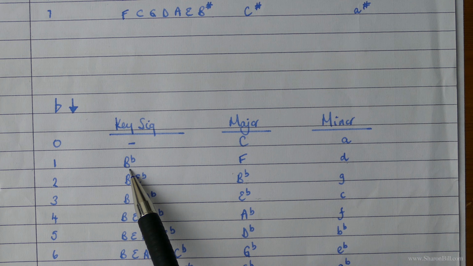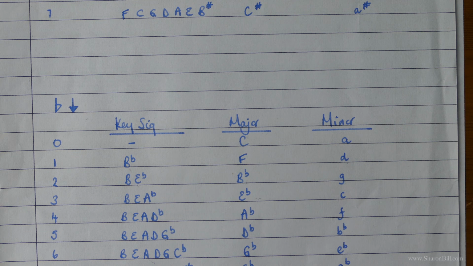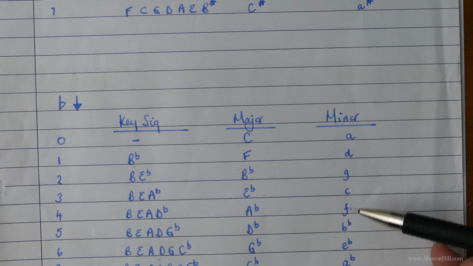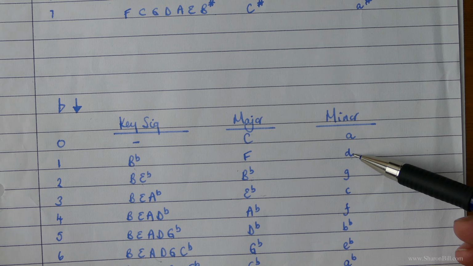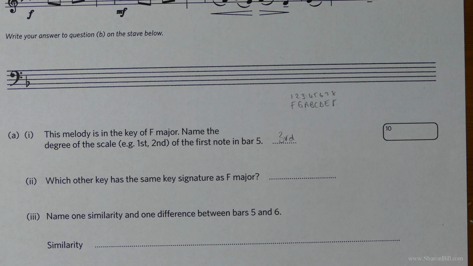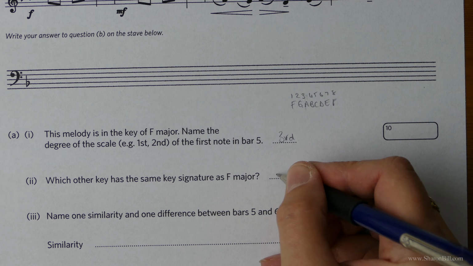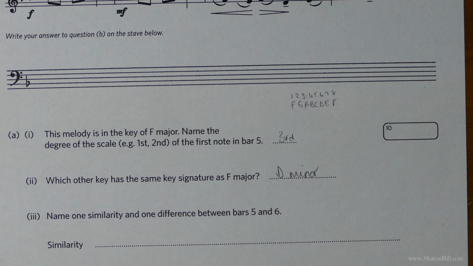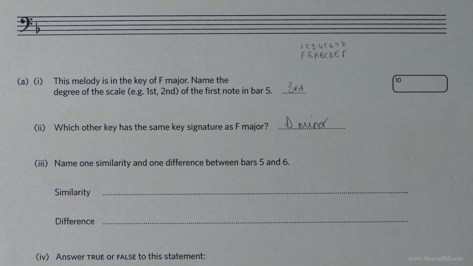You'll find the link to that in the description below and also in the cards. You'll soon get used to writing these out super quick before you start your exam paper, and then all your information's to hand. So we know that F major has the same key signature as its related minor, which is D minor.